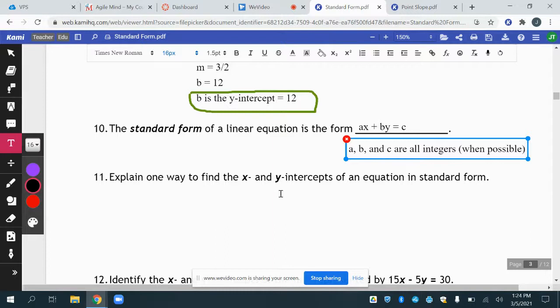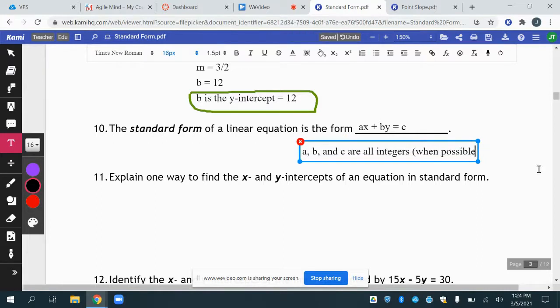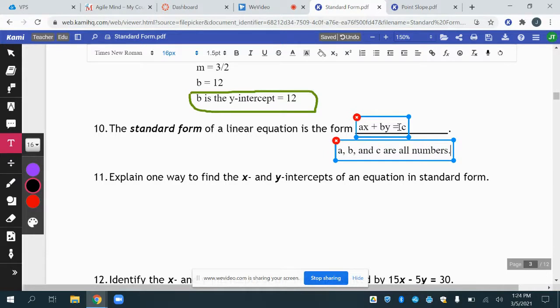Well, they are all numbers. We're just going to keep it simple and say all numbers. So when this is in standard form, you'll have like 3x plus 2y equals 5 or something like that.